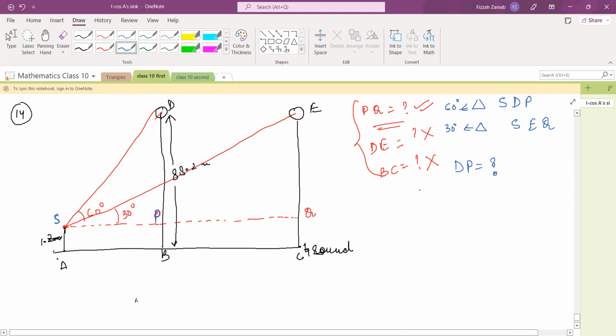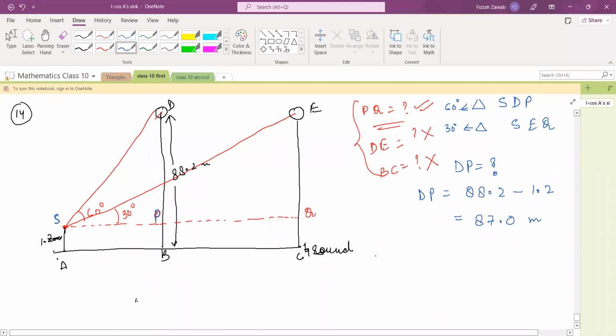Yes, ma'am. DP will be 88.2 minus 1.2, because 88.2 is the height from the ground and you have to subtract the height of the girl. So 2 minus 2 is 0, then 8 minus 1 is 7, and so 87 meters. So I have got DP.